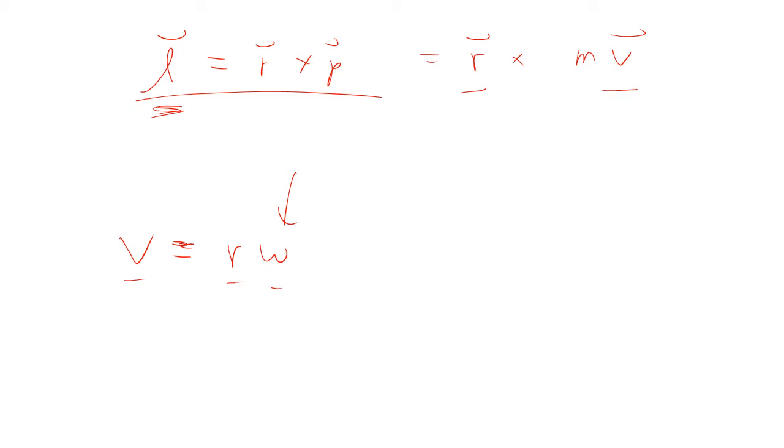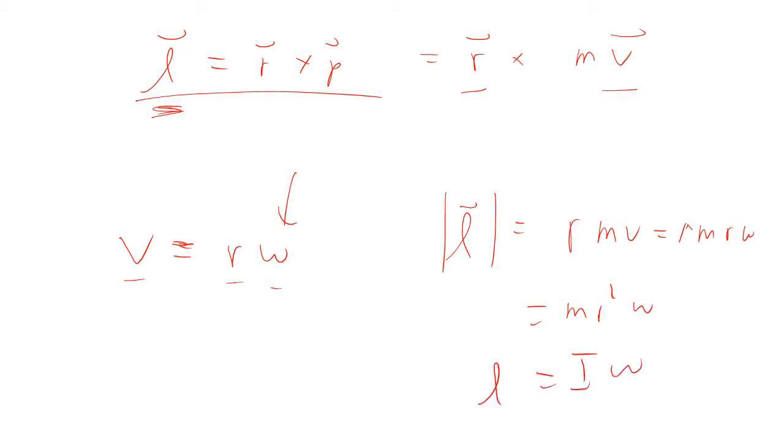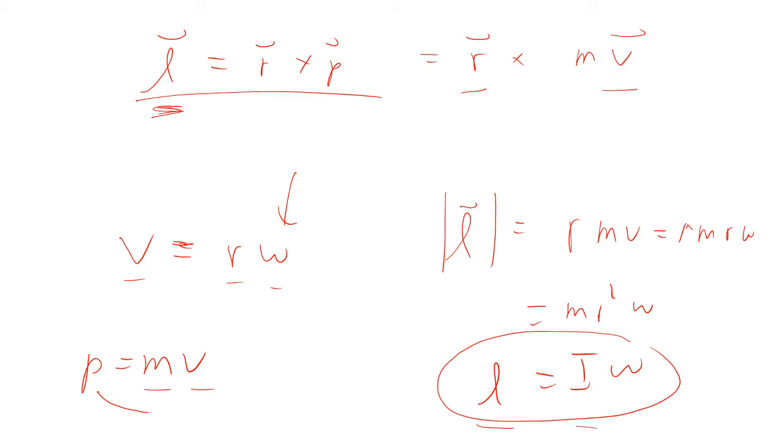The magnitude of L is going to be R times mv. Well, V equals R omega, so that means this would be m r squared omega, or in other words, I omega. So the magnitude of L is I omega. Again, we said that P equals mv, and wherever there was a P, we now have an L. Wherever there was an m, we have an I. Wherever there was a V, we have an omega.